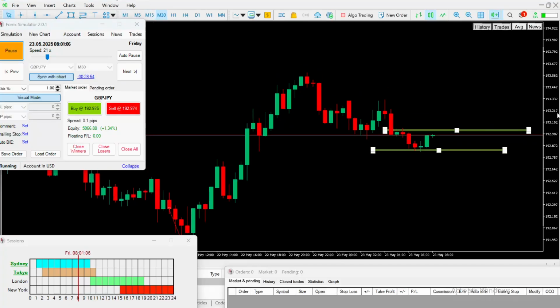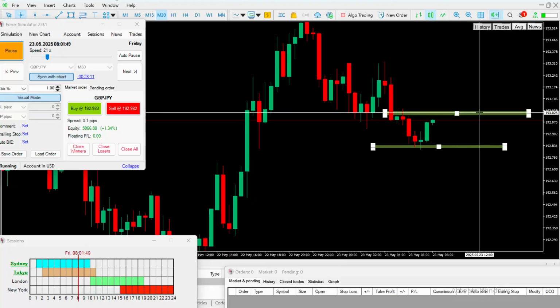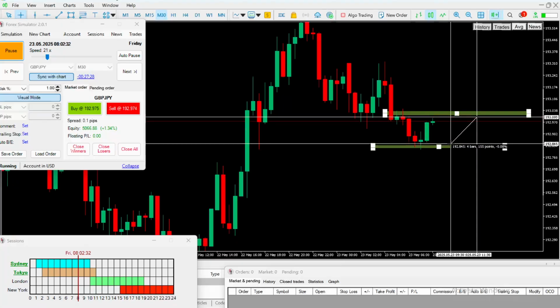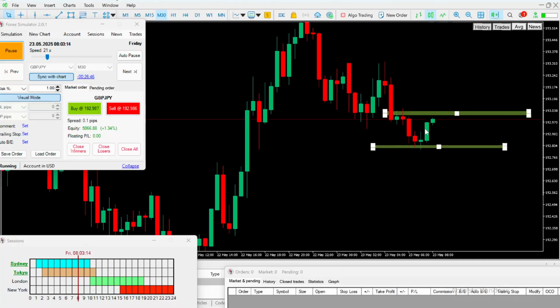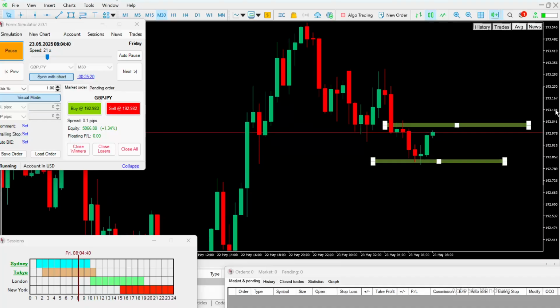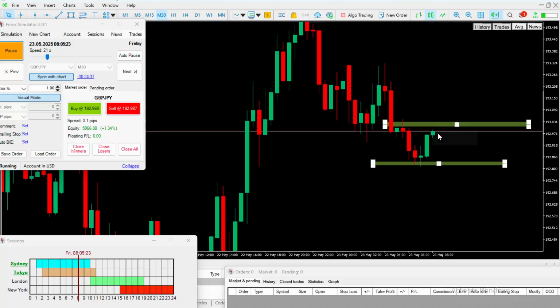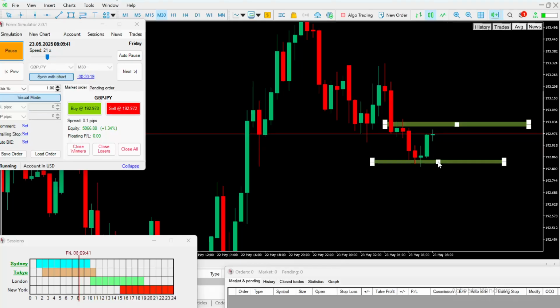All we want is, how big is this? Check, 150. Not bad. If it goes up here, touches here, and creates a red bearish candle, you can take a sell. We can, because we're overall bearish on the price.